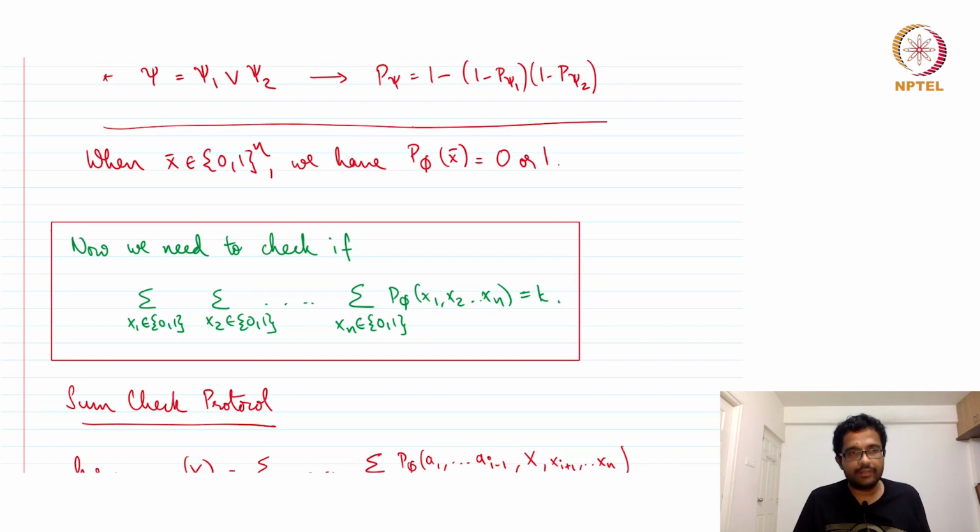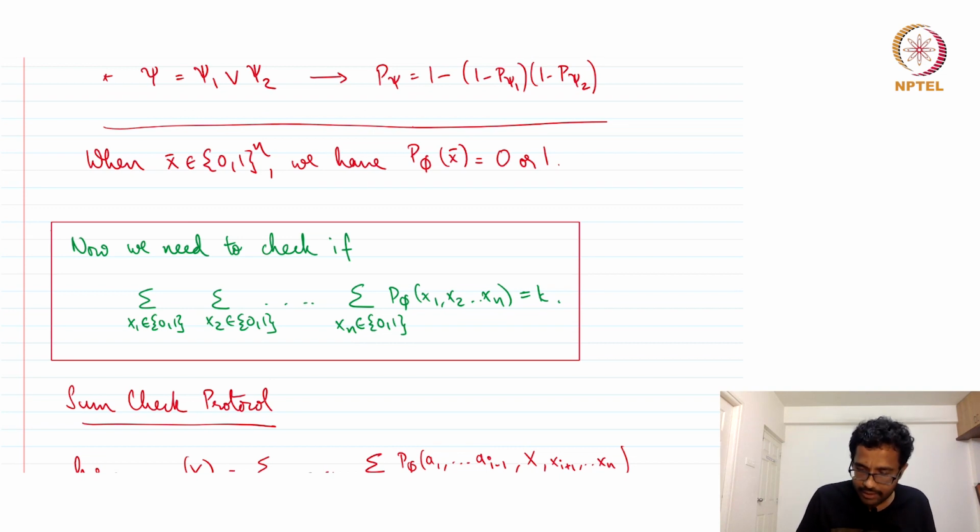And now the goal is, instead of checking the number of satisfying assignments of a Boolean formula, we just want to sum the polynomial evaluations at these 2 power n values, with x1, x2, x3, etc. taking values from 0, 1. Because the evaluation is simply 0 or 1, depending on whether they are satisfying assignments or not.